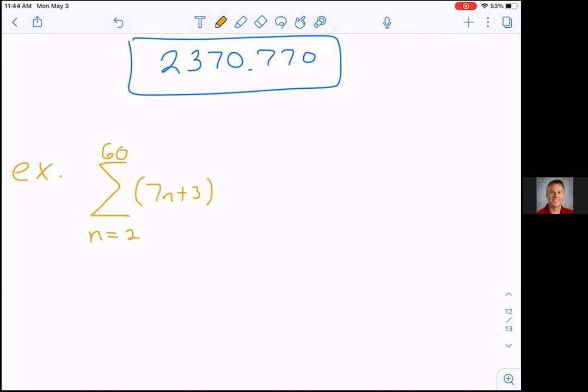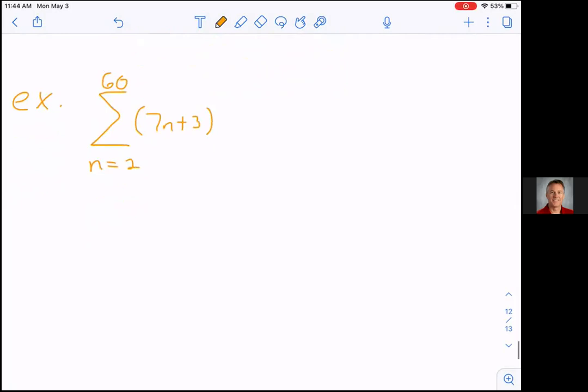So this written this way actually is a question. It's telling me add up those numbers, start by plugging 2 in for n, and then plug in 3 and 4 and 5 and all the way up to 60. Now, I don't want to have to write all those out.